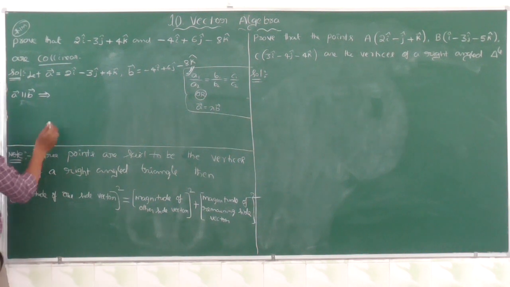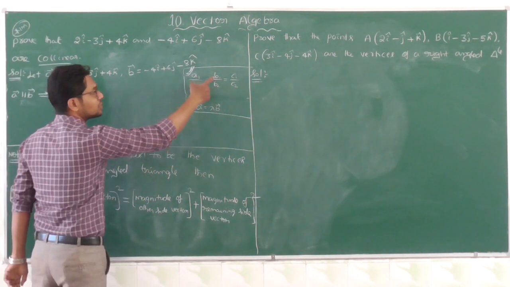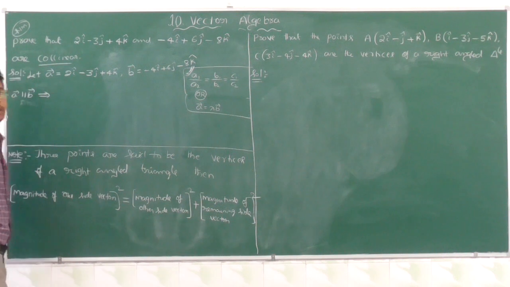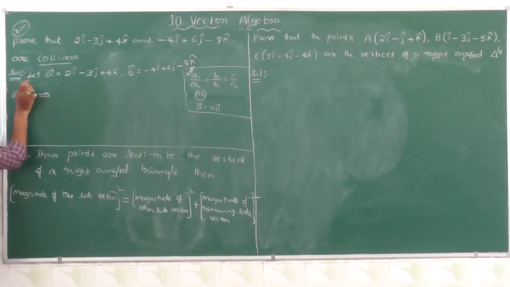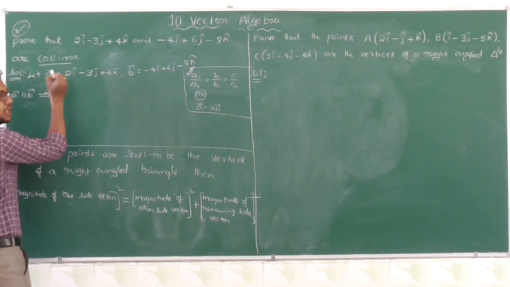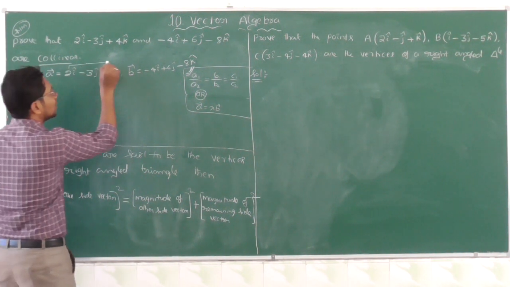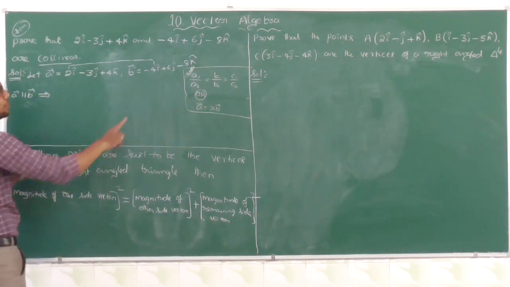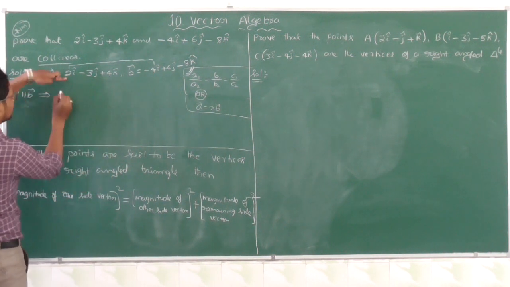Then the condition is a1 by a2 equals b1 by b2 equals c1 by c2. I already told you that this symbol represents parallel. Don't be confused. The ratio of the components are equal or same, right? For the i components, the ratio is 2 by minus 4.